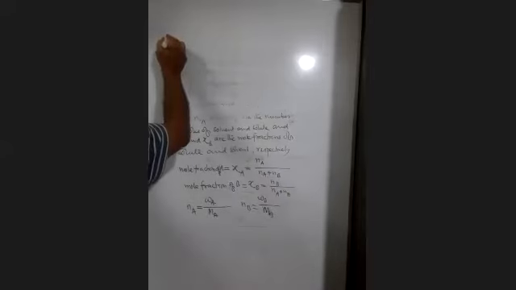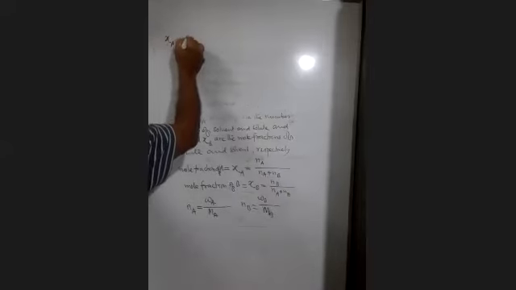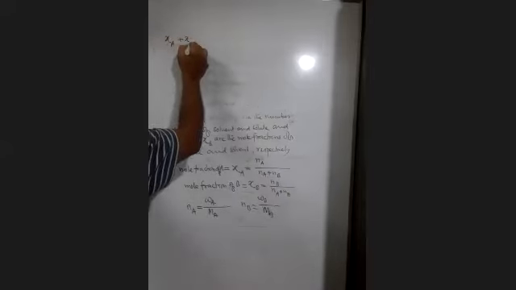Okay, now see here, so now let us add chi A plus chi B is equal to what?